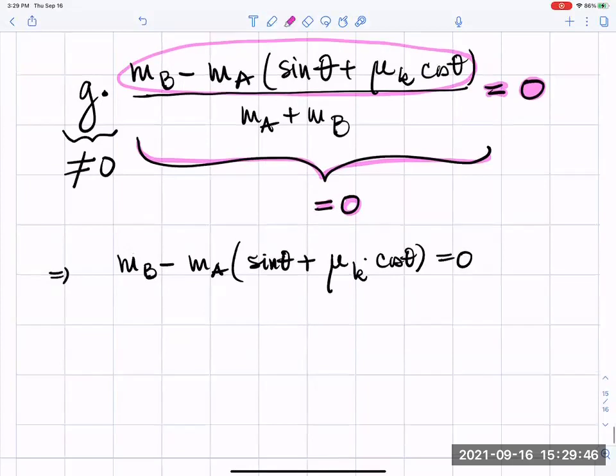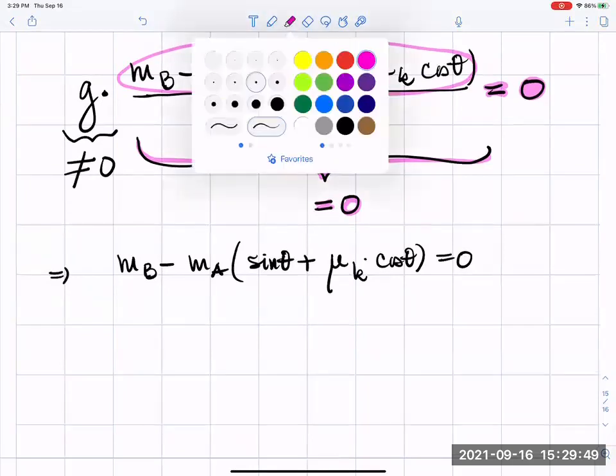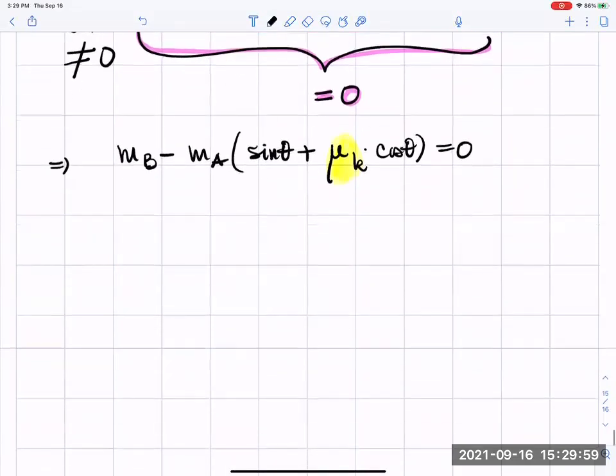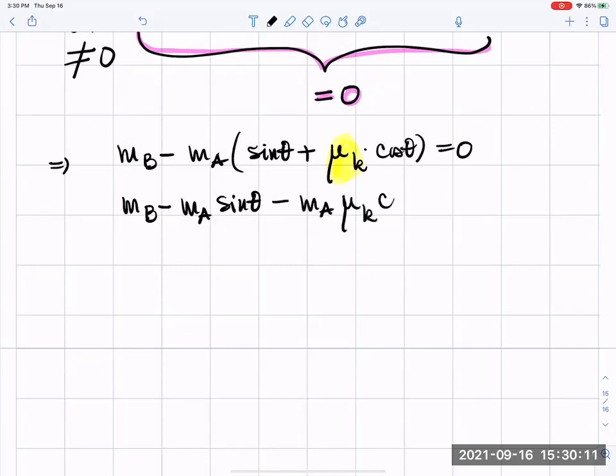Your goal here is to find mu K. You assume, because it's a different kind of mu K, considering that the acceleration was 0. So let's see what we get here. Your job is to isolate that. So we get MB minus MA sine of theta minus MA mu K cosine of theta equals 0. Again, I'm hunting for this one.